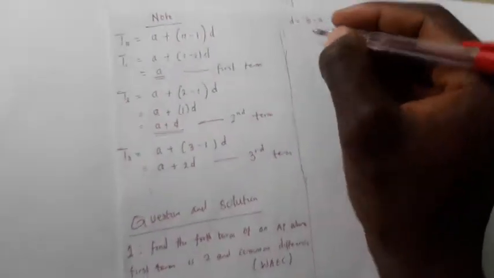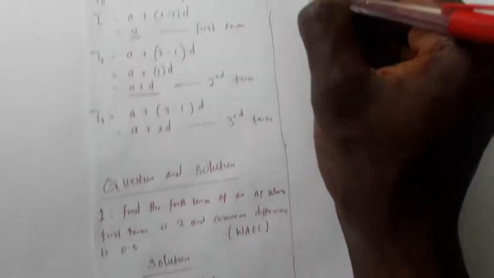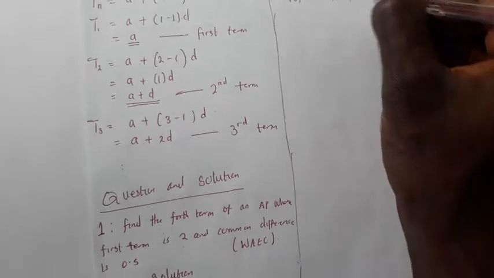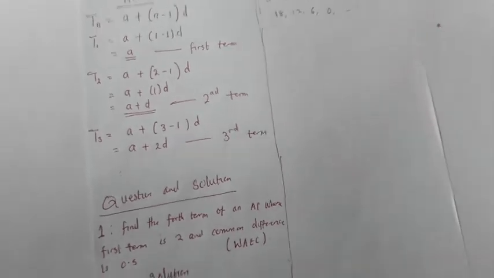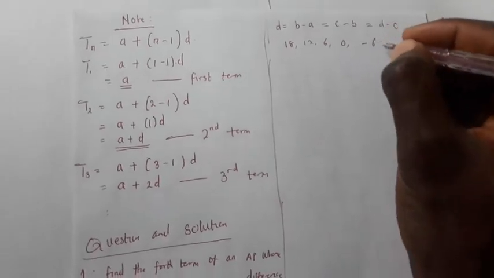So let's write the series here again. 18, 12, 6, 0, minus 6. This is the series. Minus 6, dot, meaning and so on and so forth. All right.